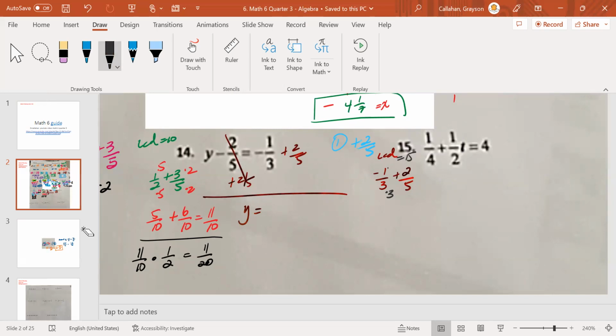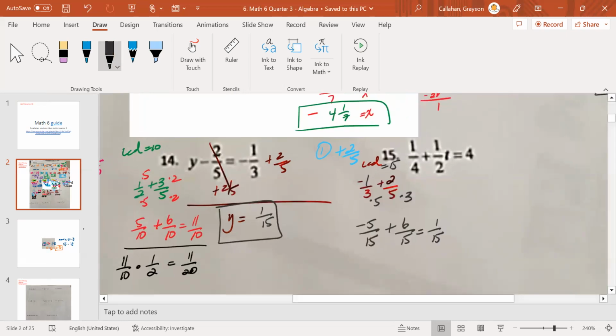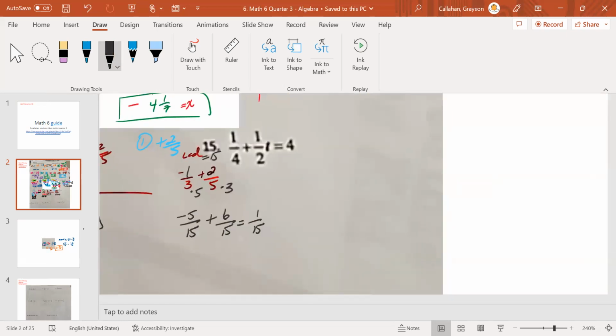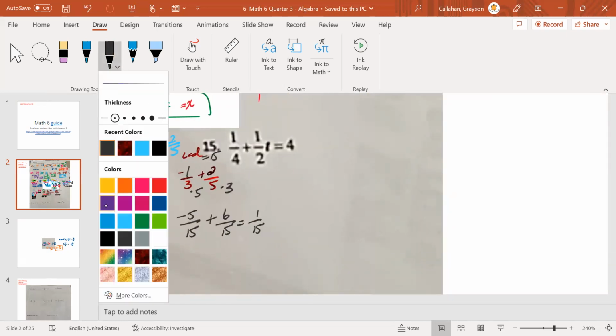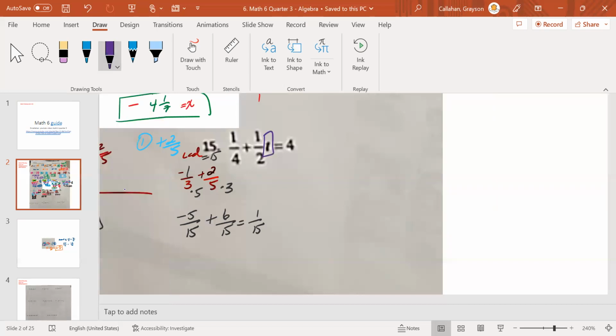Negative 1 times 5 is negative 5 over 15, 2 times 3 is 6 over 15, so 1/15 is what you have. Okay? And that's it. You don't have to divide anything. It's just y equals that.